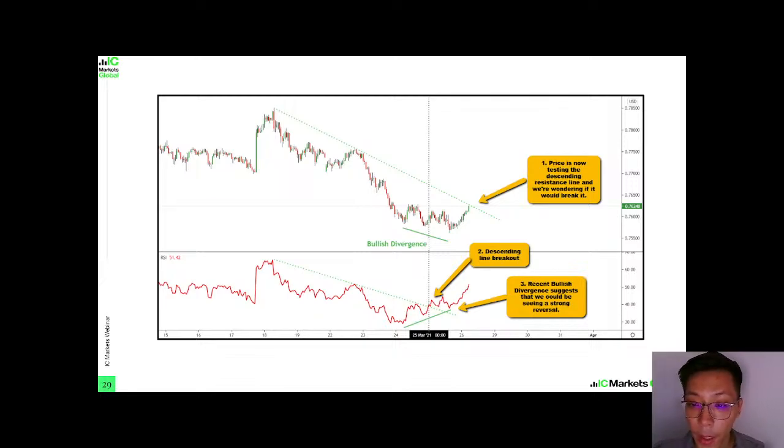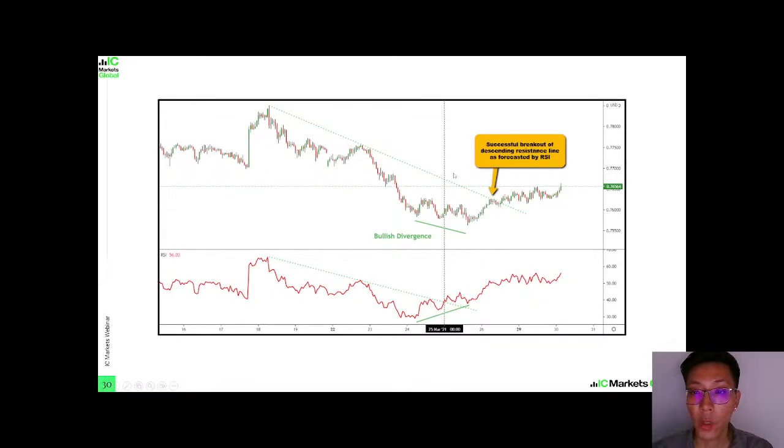We have bullish divergence, RSI breakout, and what we are anticipating is for price to actually break past this descending resistance line. Then we have a successful breakout of the descending resistance line as forecasted by the RSI.